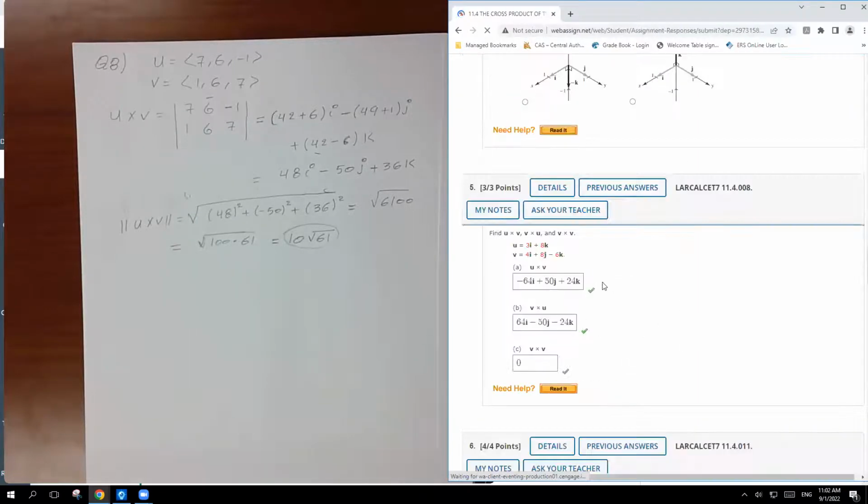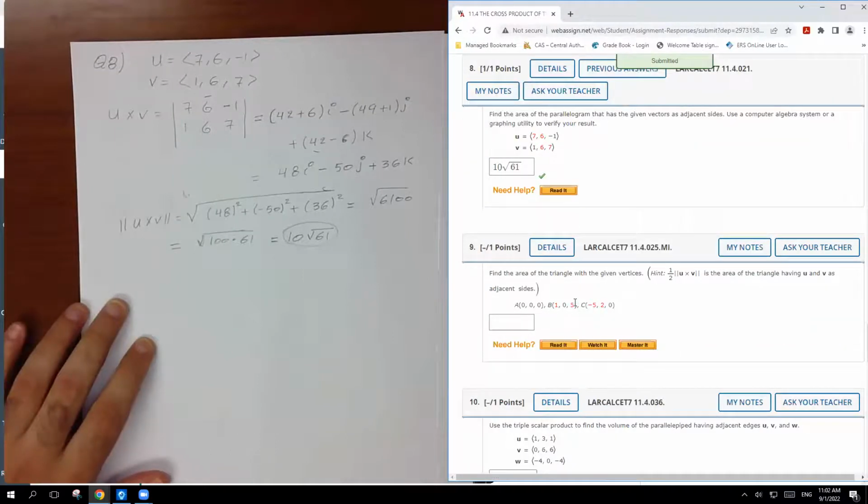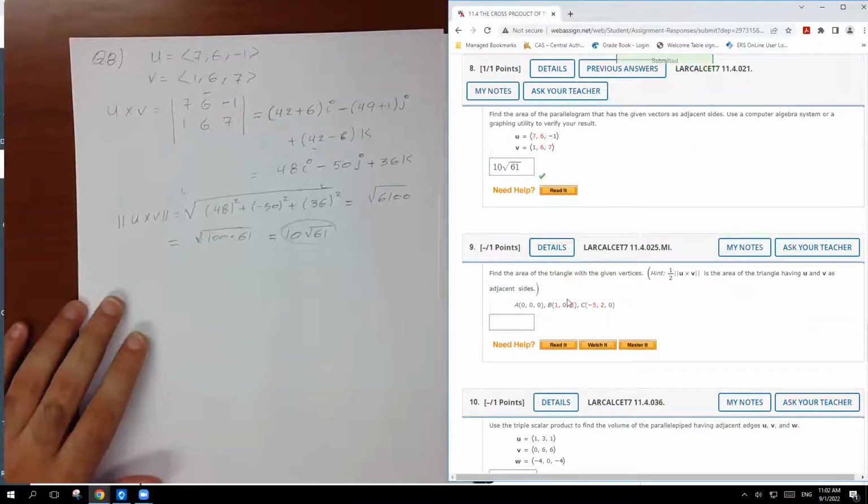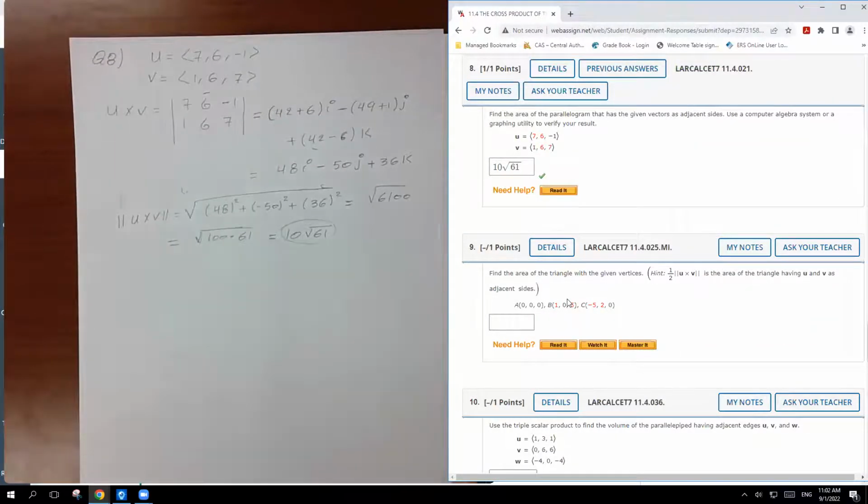If you look at the next example, we're going to use exactly the same process, but they're telling you here, find the area of a triangle with the given vertices. So now we have 3 points, and we need to find the area for the triangle. And they give you a hint.